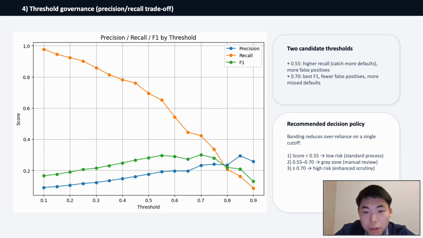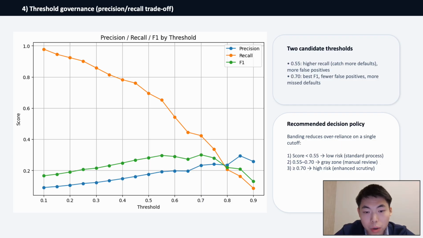We found that threshold choice changed the business result a lot. At 0.5, the recall is high, so the model catches many risky cases, but false positives are also high, which means more safe applicants may be wrongly flagged.